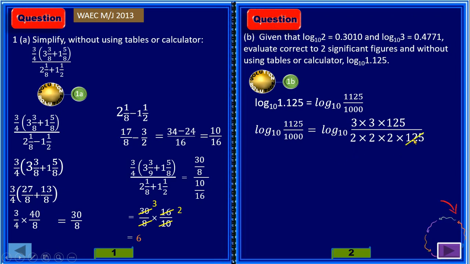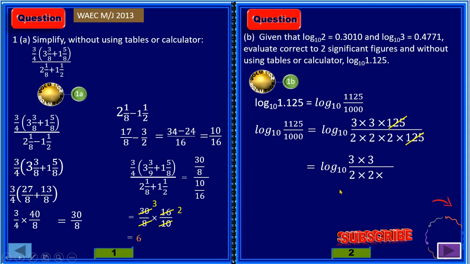Now we are going to divide that. So now we are left with log of 3 times 3 over 2 times 2 times 2 times 2. We are now going to simplify this.